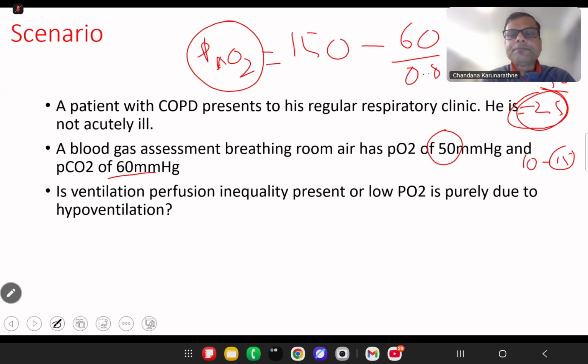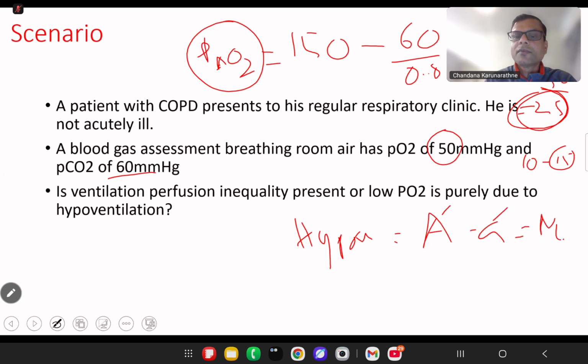So you have a wide AA gradient. In hypoventilation, the alveolar to arterial gradient is normal. In all other conditions like VQ mismatch, shunt, diffusion defects, you have a wide AA gradient.